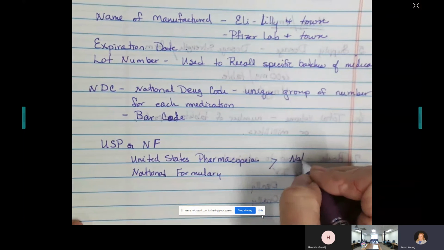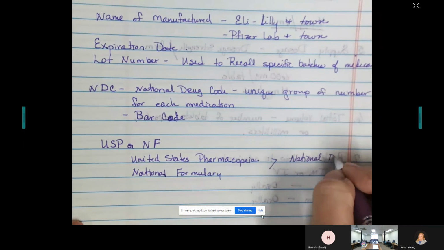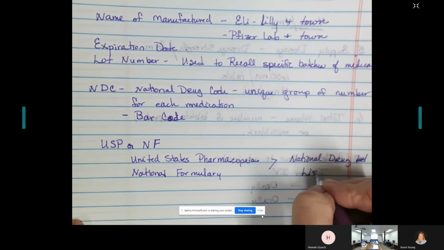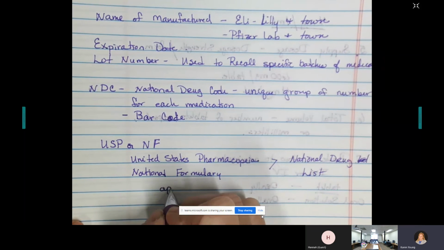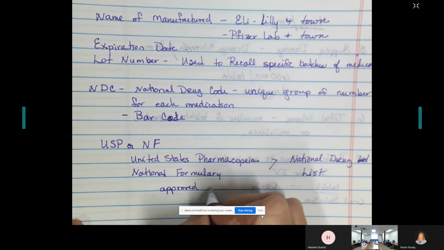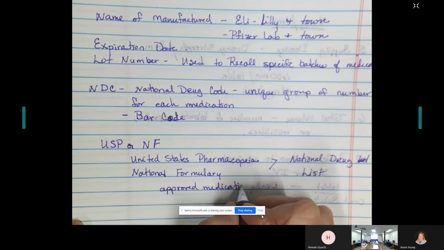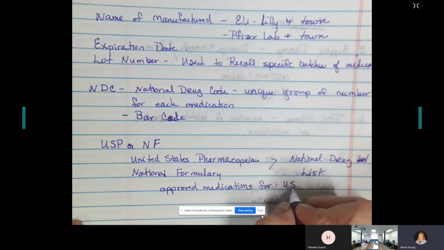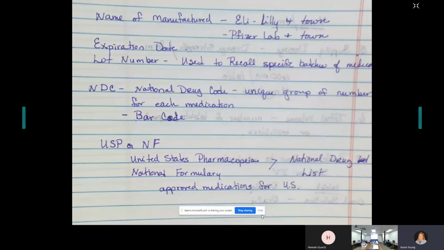These are national drug lists of approved medications for the U.S. Because sometimes we'll have drugs that come from other countries that are approved, but they're not approved for use in the U.S.